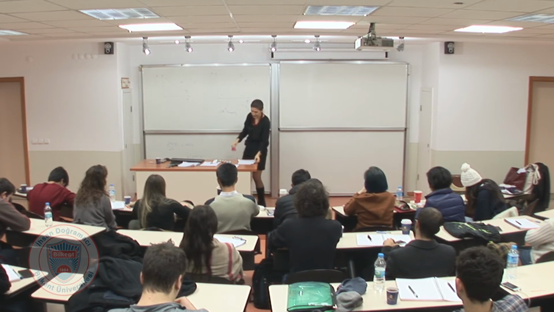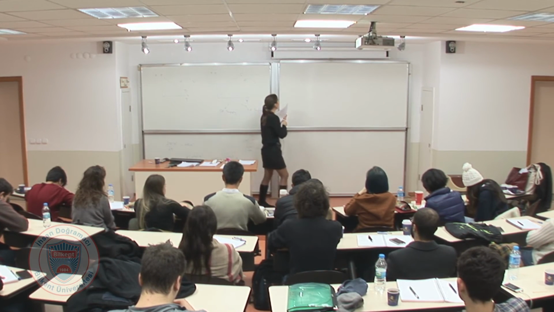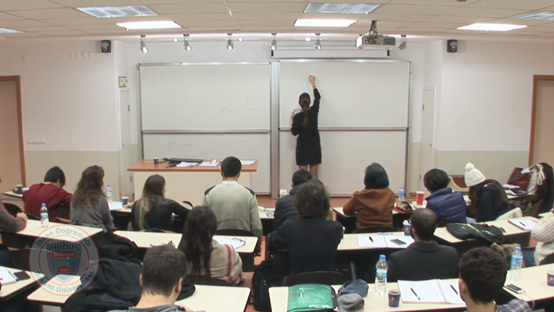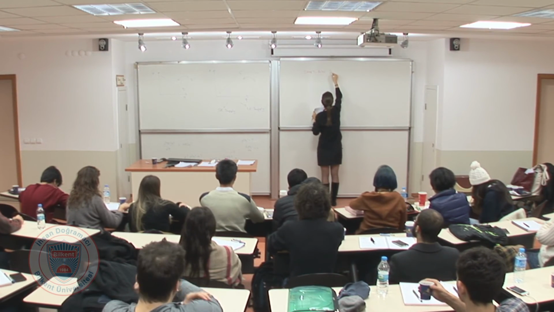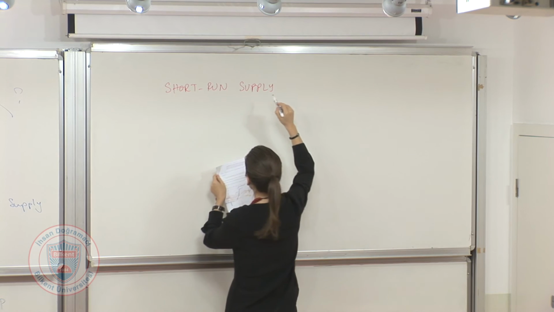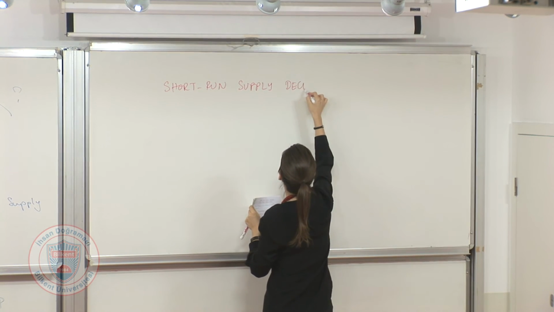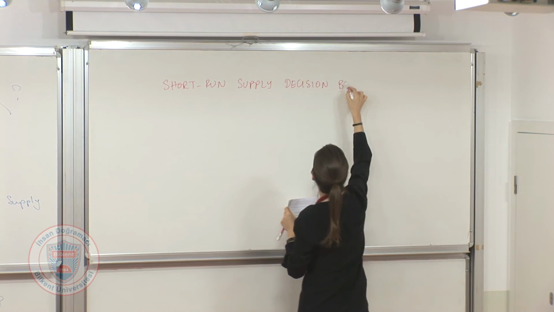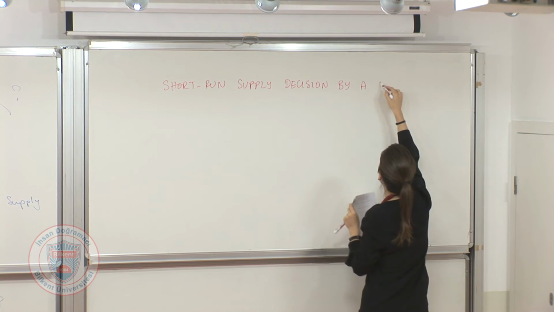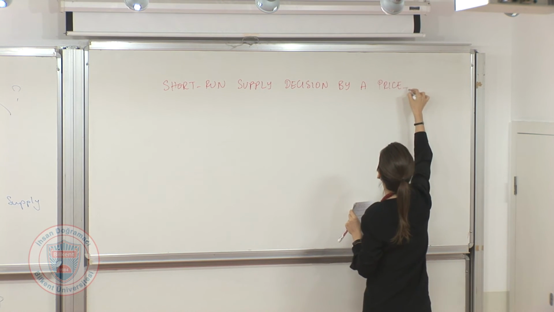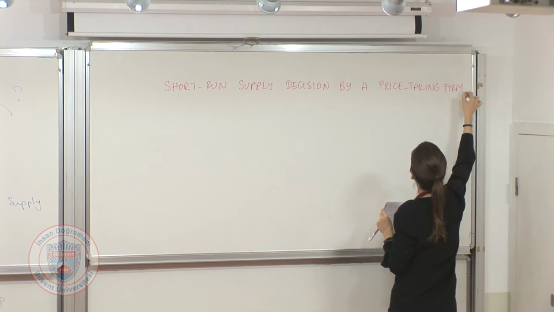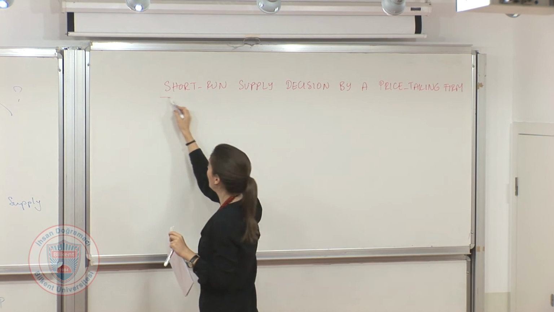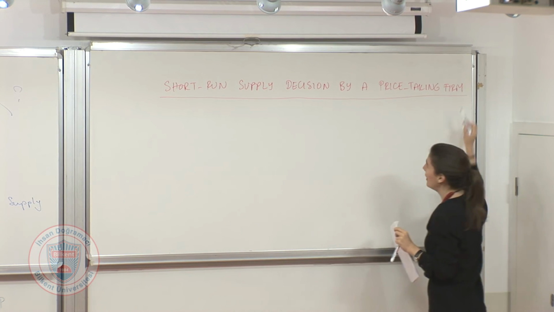Now, let me write this so that you would have nice notes. Short run supply decision by a price-taking firm. And let's see whether we can get that kind of a supply curve, okay?